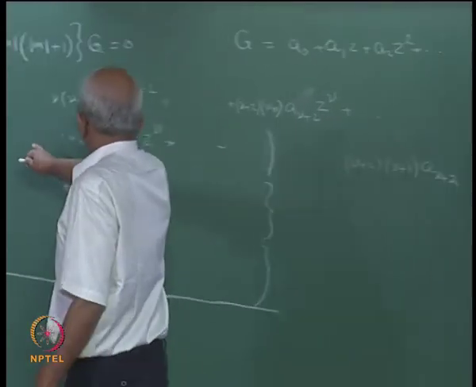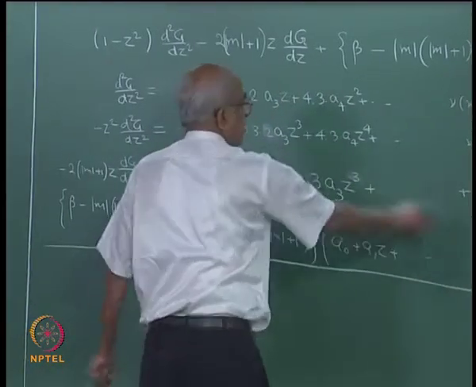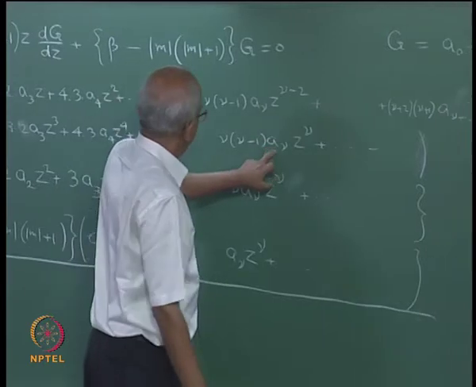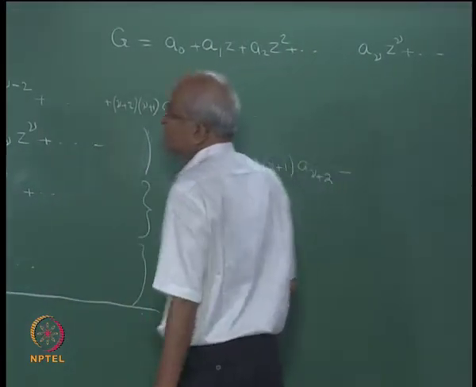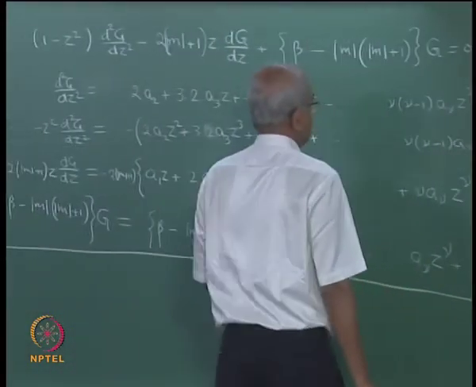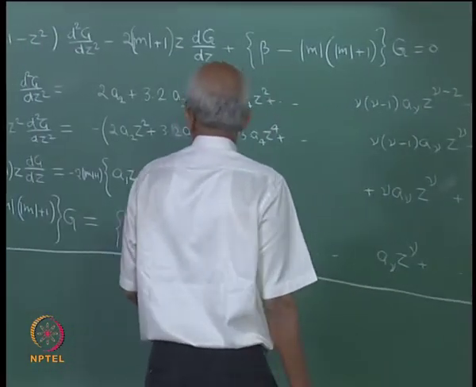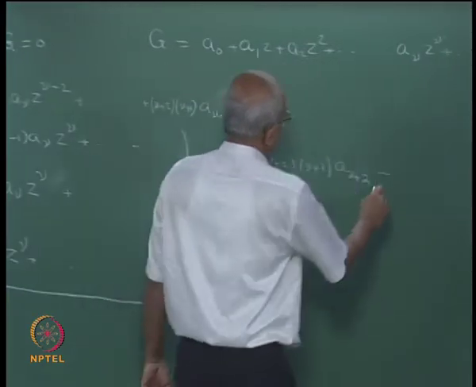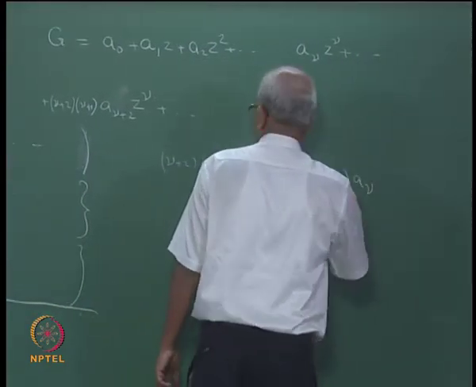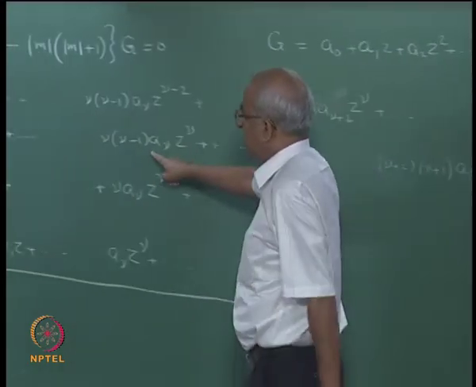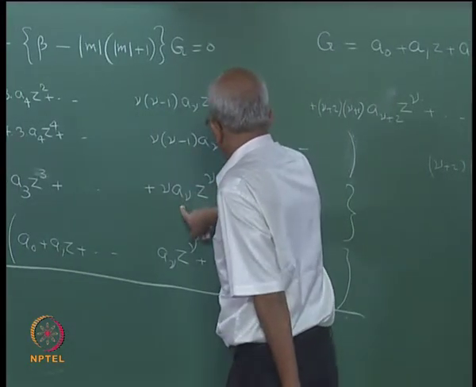Then from this term I will get minus, there is a minus sign outside, nu into (nu minus 1) a nu. That is what I am going to get from there, while from here what will I get?